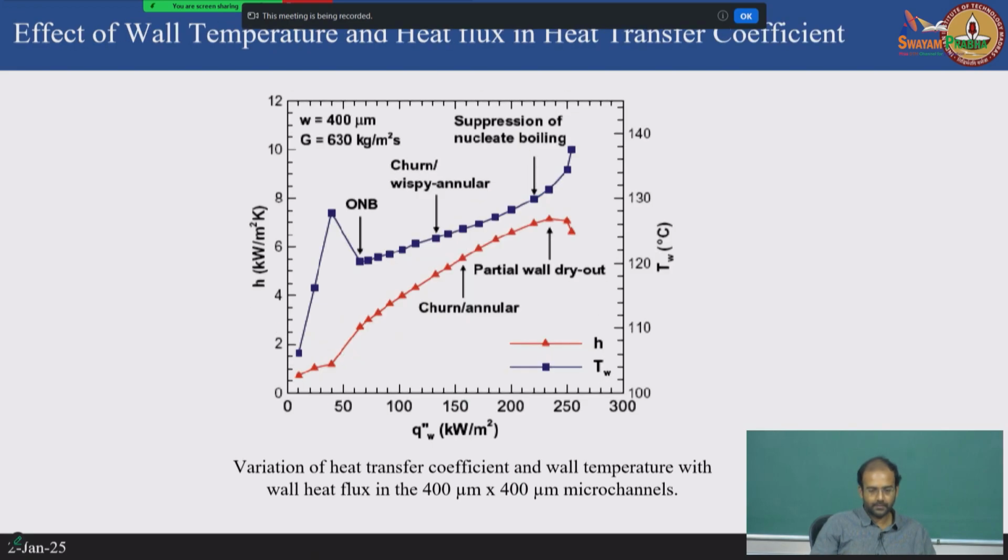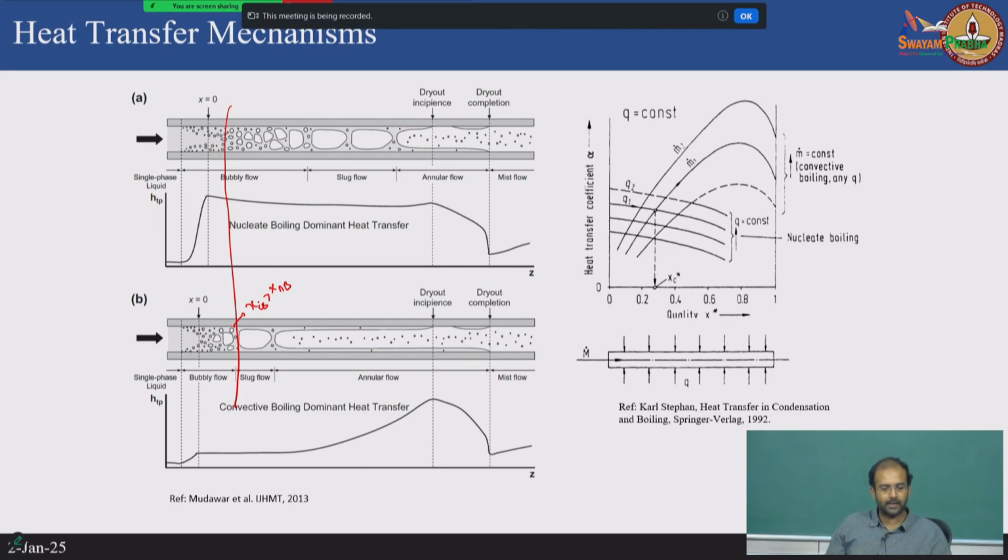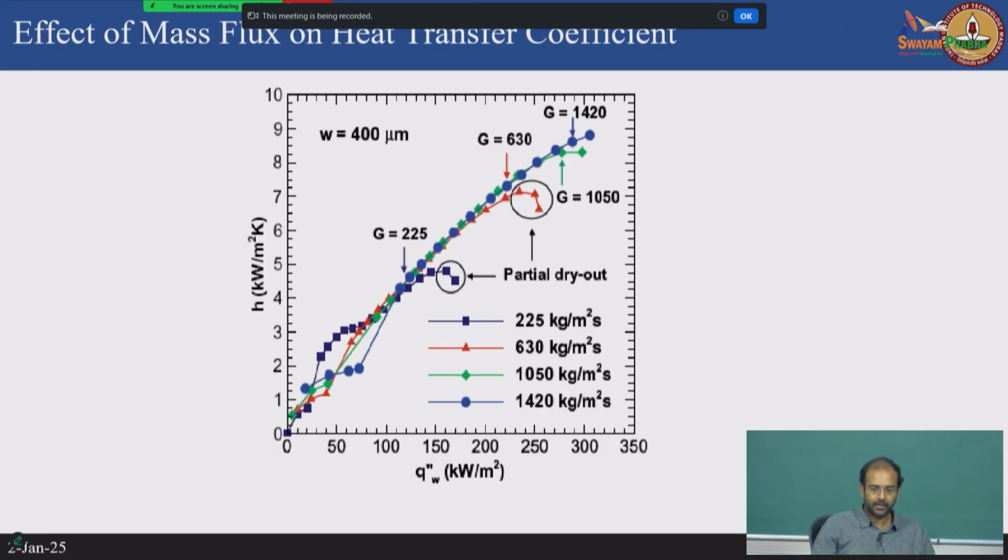If you look at this figure, intuitively you will think that convective boiling is going to dry out faster, right, because the vapor quality is high, but that is not the case, because as you keep increasing your mass flux, as the liquid film is getting replenished, you will see that the critical heat flux is also getting progressively higher. So, that is the advantage of combining convection along with nucleate boiling.